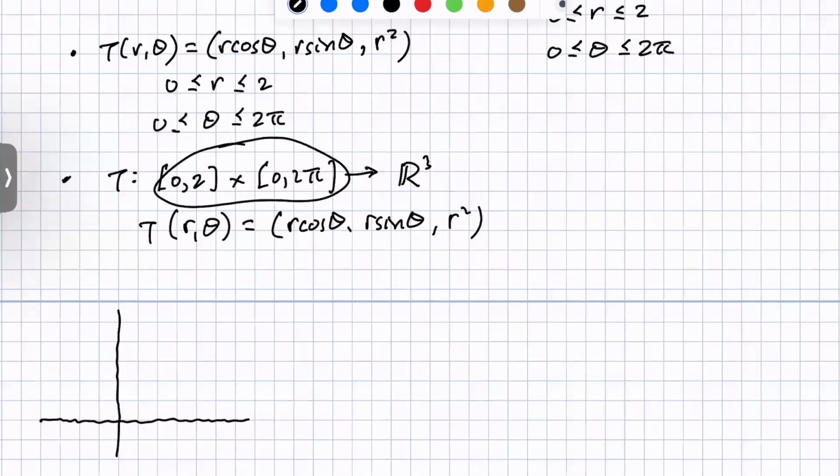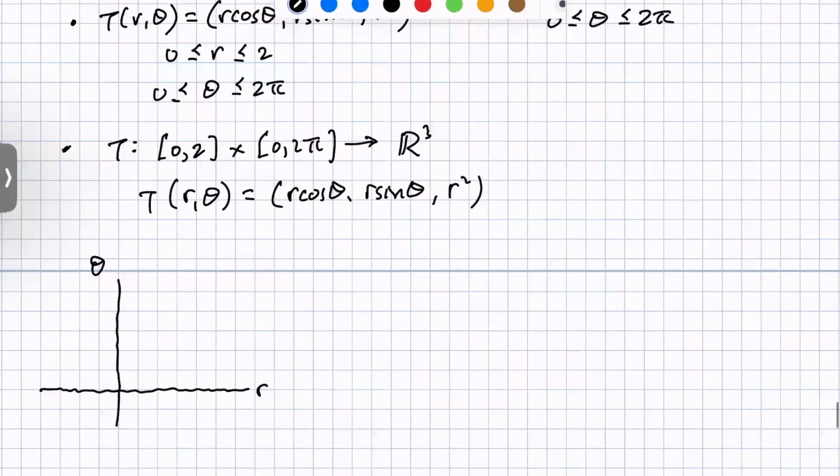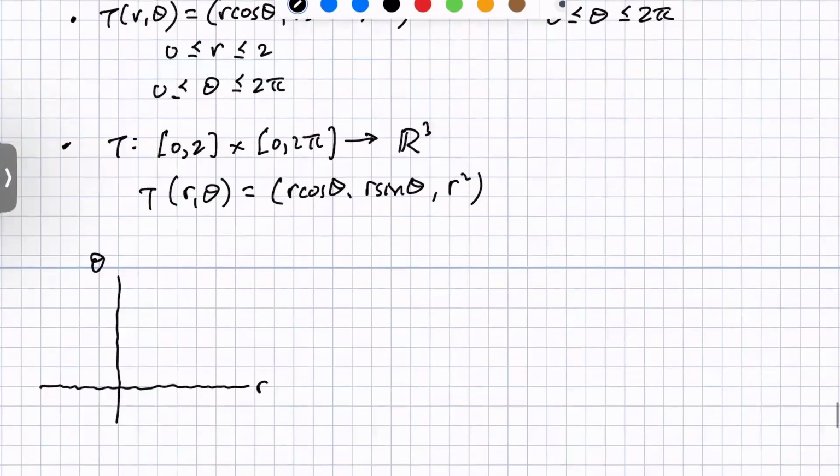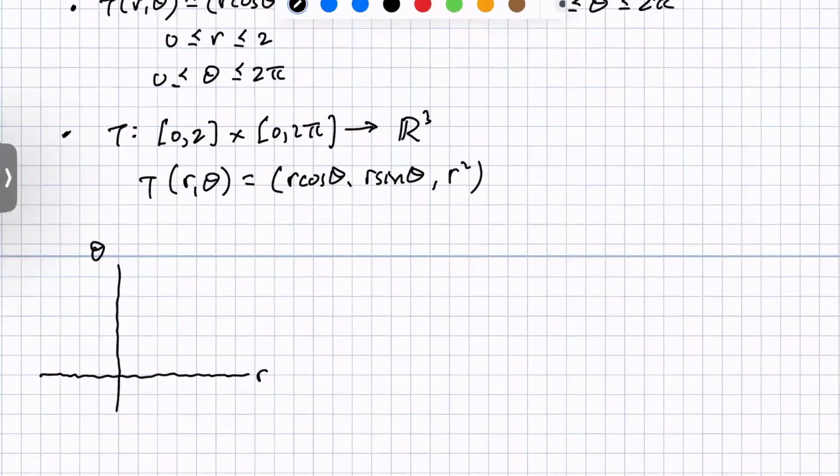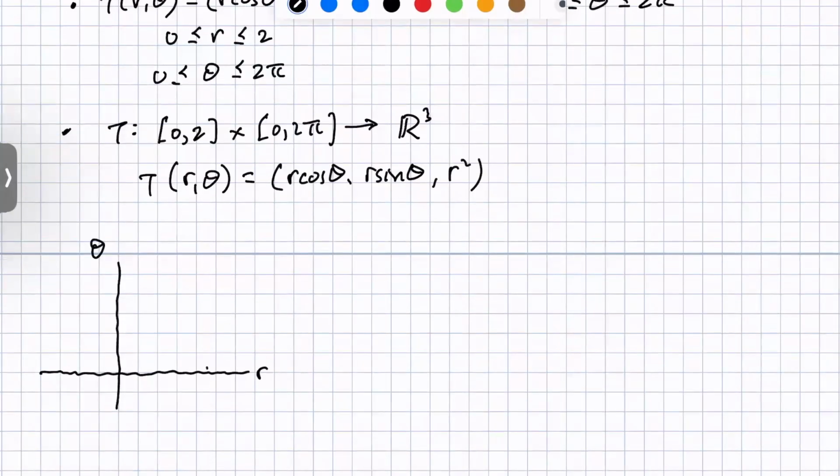this domain. What does this domain look like? Well, we're in the r theta coordinate system. It's a little bit weird to think of r theta as being coordinates. You usually think of x and y. But here, the first coordinate is r, the second coordinate is theta. You're taking r goes from 0 to 2, and theta is going from 0 to 2 pi.